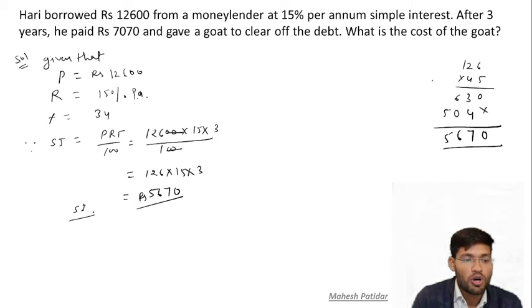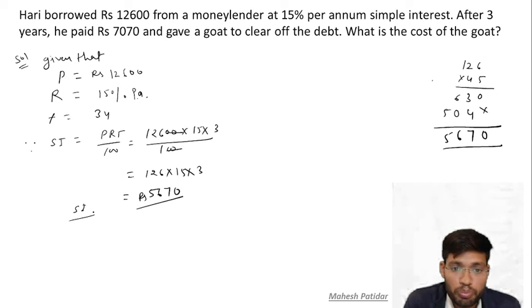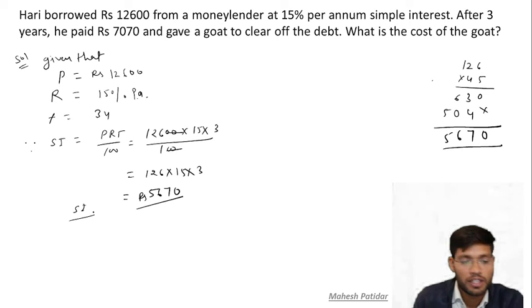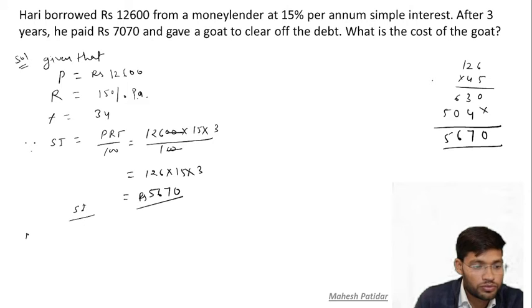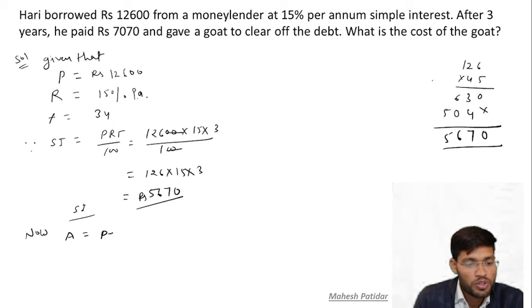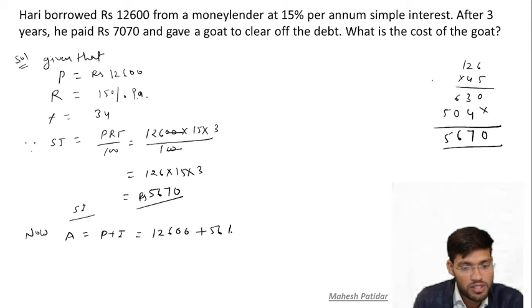Now the total amount that Hari has to pay to the money lender is equal to principal plus interest. So principal is 12,600 plus 5670 is the simple interest.